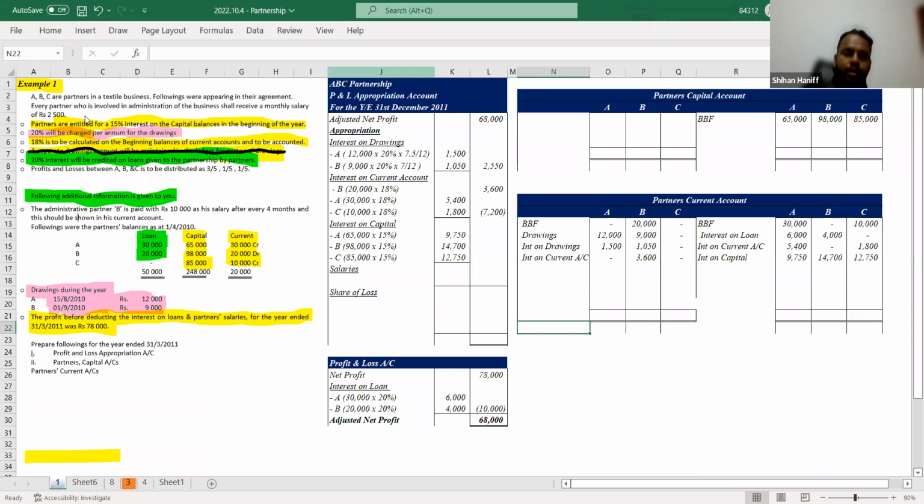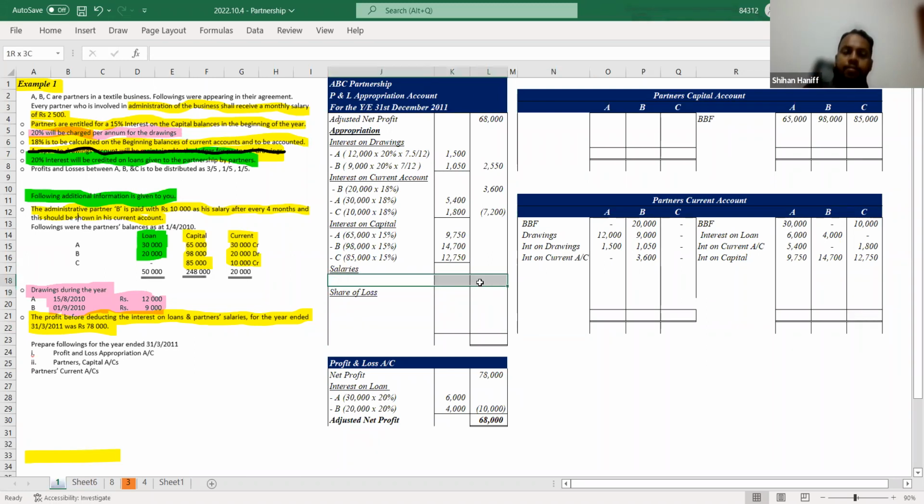Here at the beginning, they say that every partner who is involved in administration of the business shall receive a monthly salary of 2,500. Then, in additional information, they say that the administrative partner B is paid with 10,000 as his salary after every 4 months. And this should be shown in his current account. This is the payment. On the top, they say about the payable, right? So there are two entries.